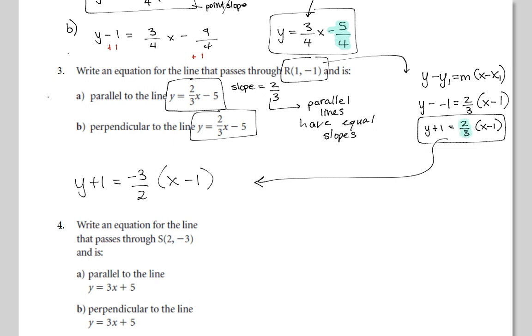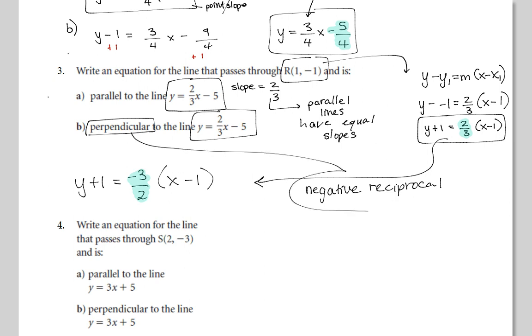So from 2/3 to minus 3/2, and the terminology for that is negative reciprocal. That's when you see this word perpendicular. Negative reciprocal. Goes through the same point, but it's going to be perpendicular rather than parallel.